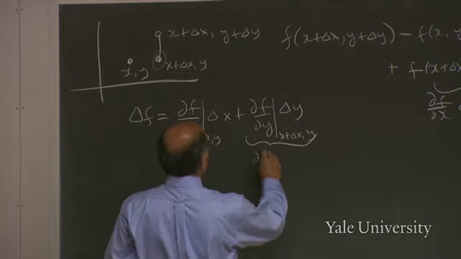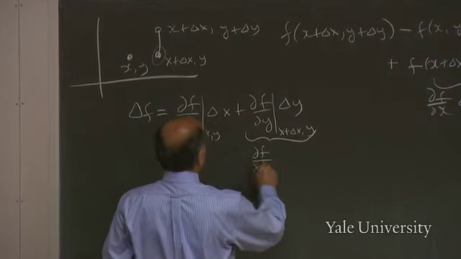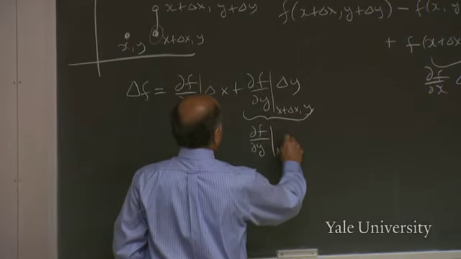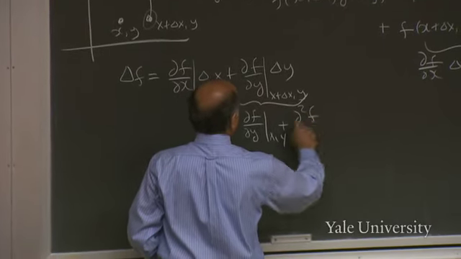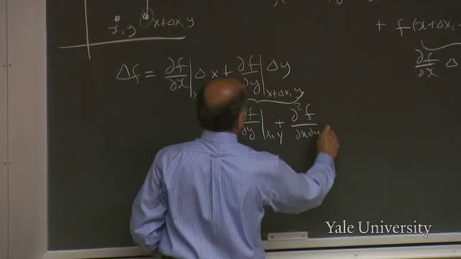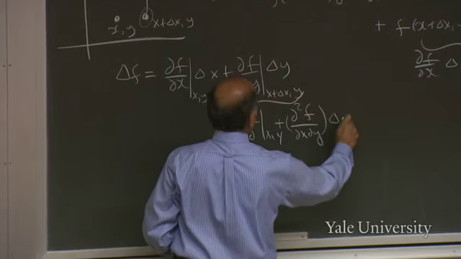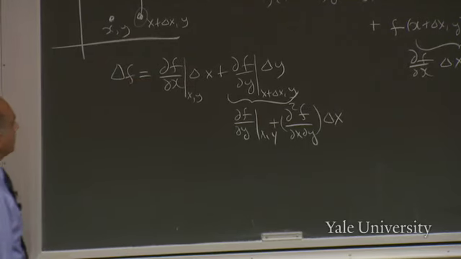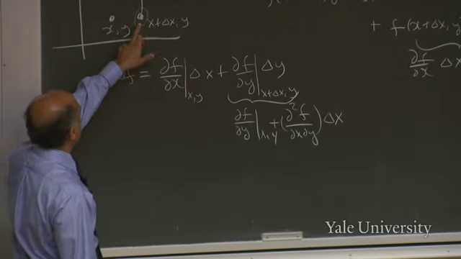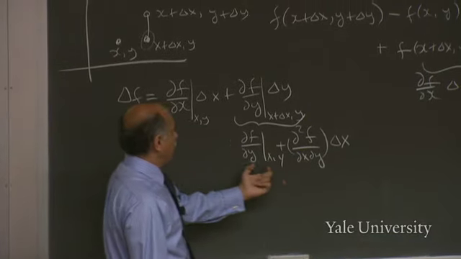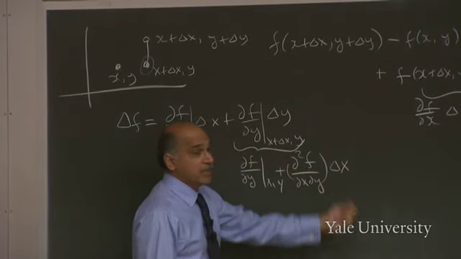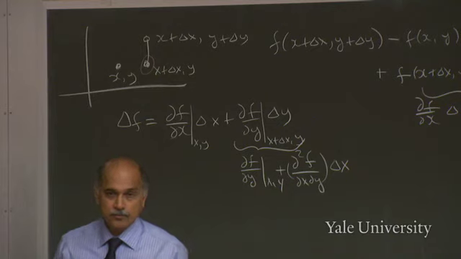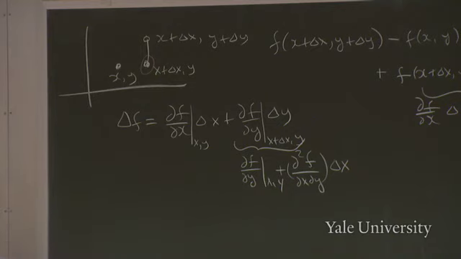So it is going to be df dy at xy plus d2f dx dy times delta x. In other words, I'm saying the derivative at this location is the derivative at that location plus the rate of change of the derivative times the change in x. In other words, the derivative itself is changing.